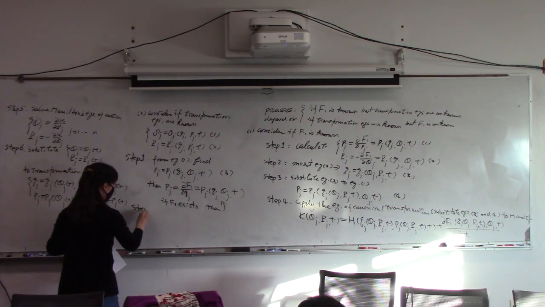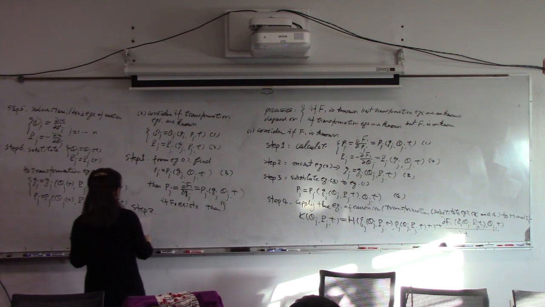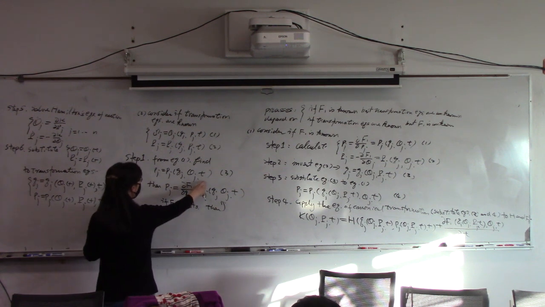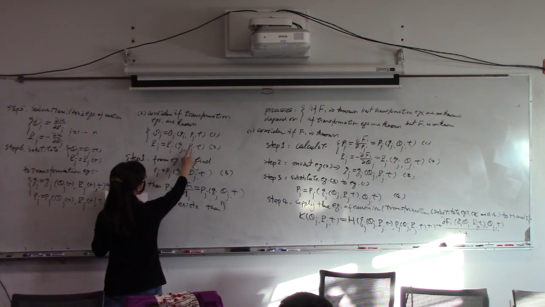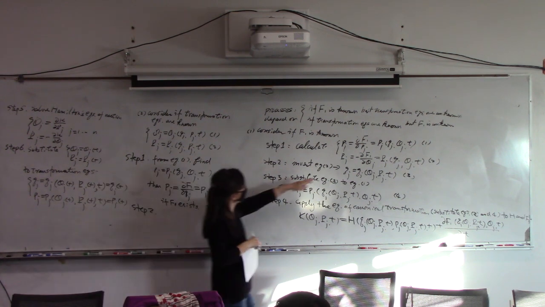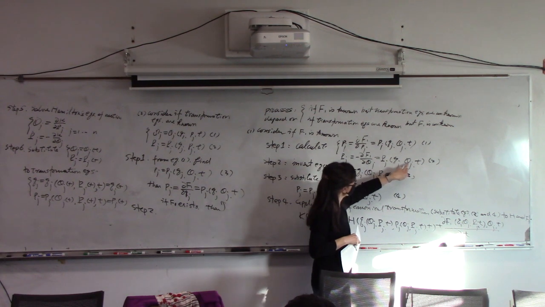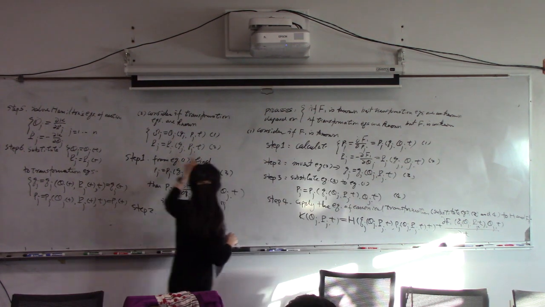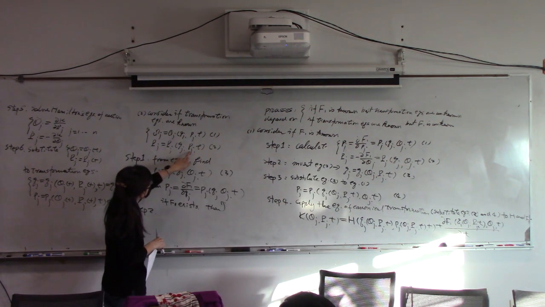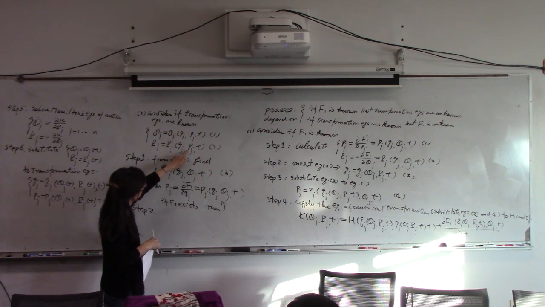Step 2 is from equation 3, from here. Since we have P, now here we are going to find capital P as a function of lower Qj and capital Qj. So this capital P here has lower Qj, but we have lower P. Then we are going to replace lower P by this.